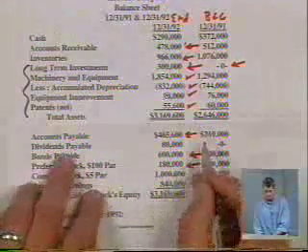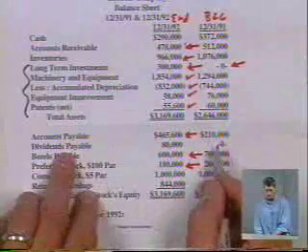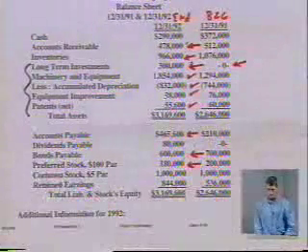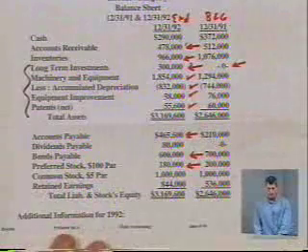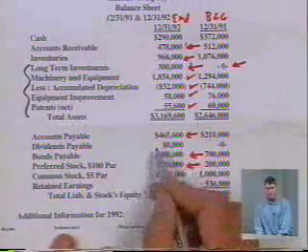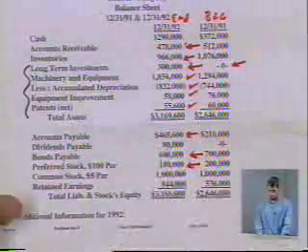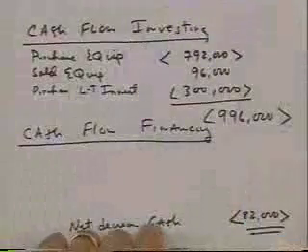Dividends payable went from 0 to 80, and the question now becomes, how much cash went out the door to pay dividends? So let's analyze dividends first.